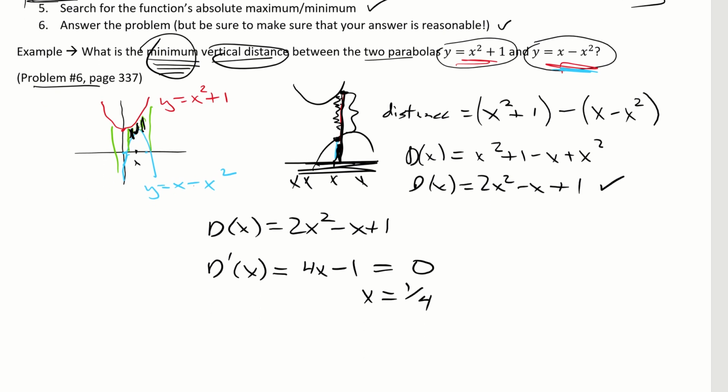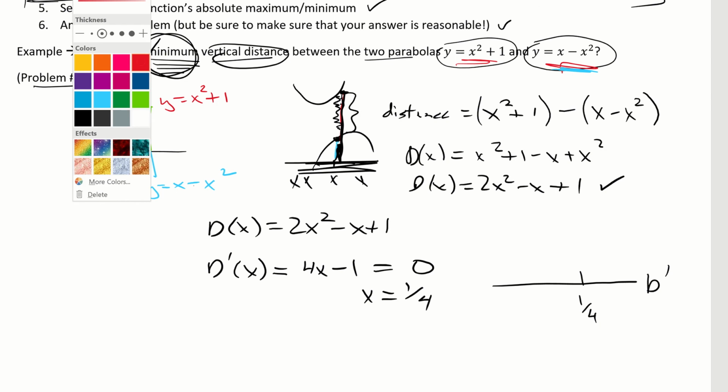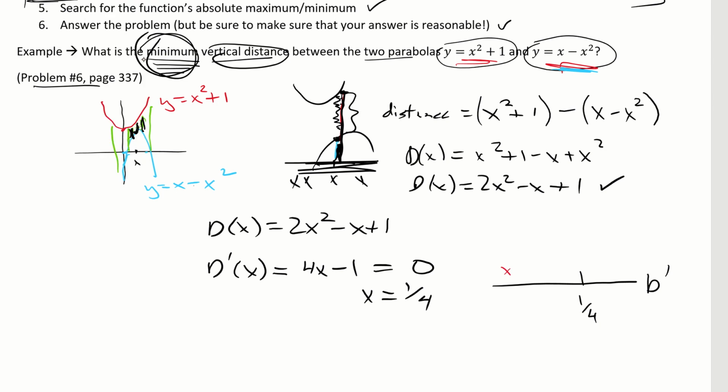Now, typically, as you get confident, you go, I found it, I found it. But it's really good to be careful now. Here is 1 over 4, and I'm going to test the sign of d prime to ensure that we have, what are we looking for? A minimum. All right, so let's test the value of this guy. If we plug in, for example, 0, 0 minus 1 is negative.